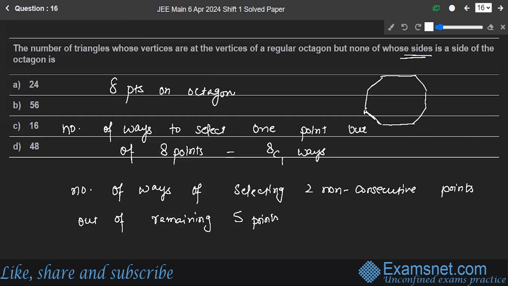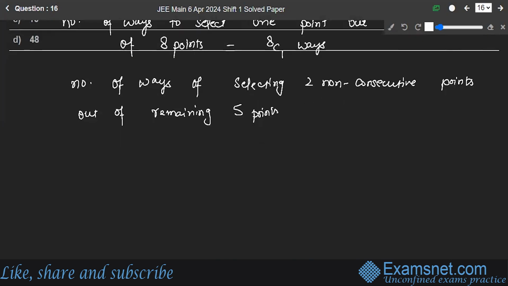See, if let's suppose I selected this point, then you can't select this and this point because they are the consecutive points, right? It said in the question, you can't take a side of the octagon as the side of the triangle. So for sure I can't take these 2 points, and this has already been selected. So out of 8, 3 are not allowed. How many are left? 5 points are left. Now this can be done in 4C1 ways.